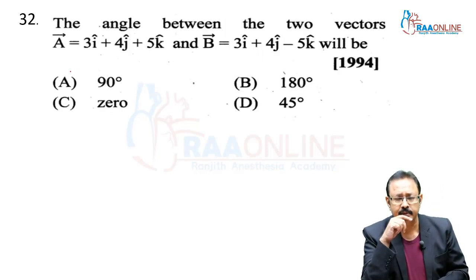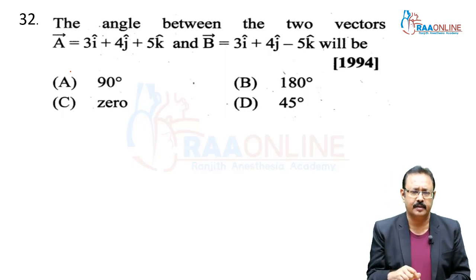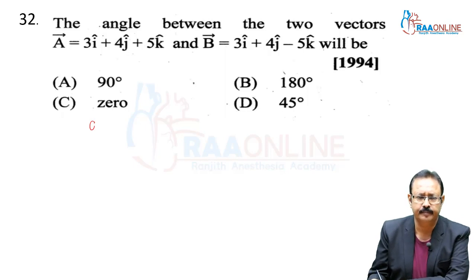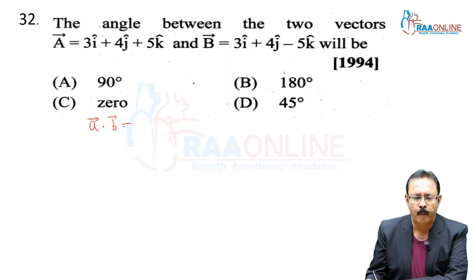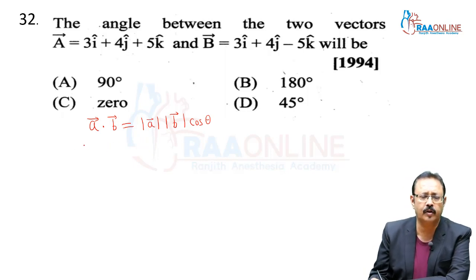Next, the angle between the two vectors A and B is, I gave you a formula. What is A dot B? It is mod A, mod B, cosine of the angle between A and B. So what is cos theta?